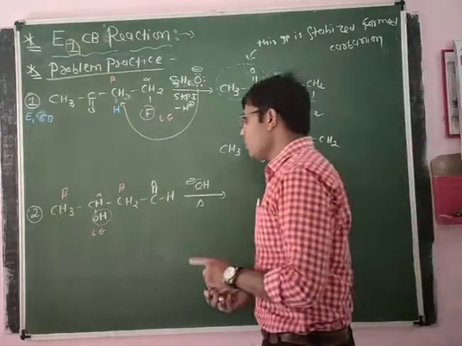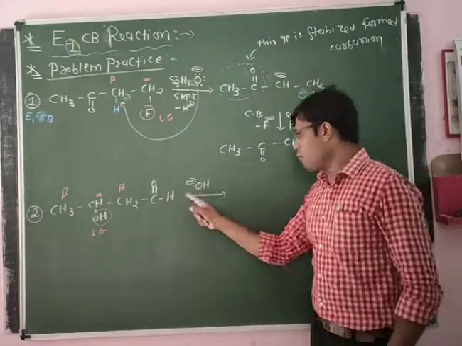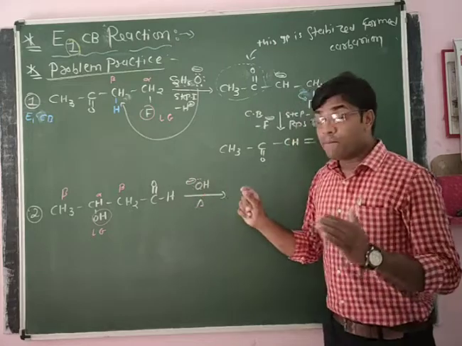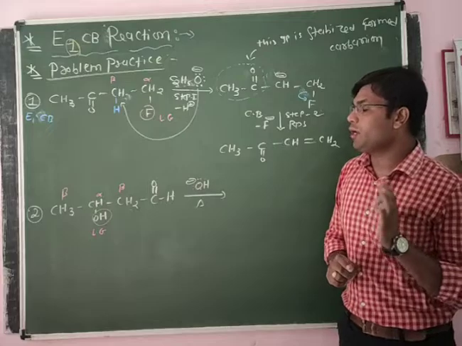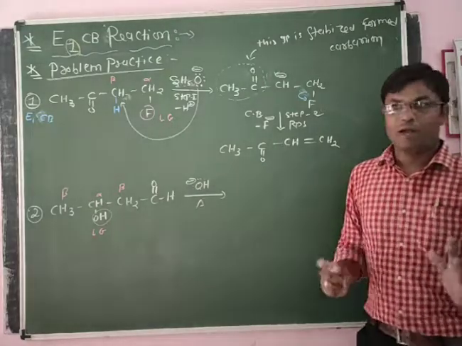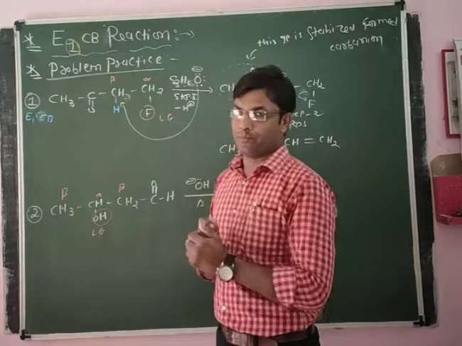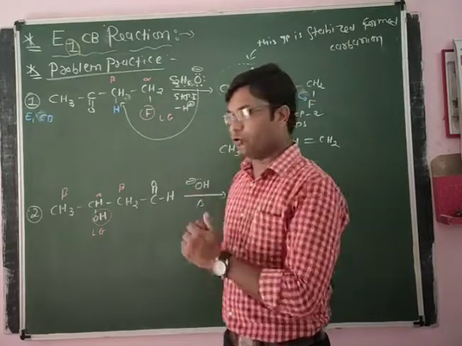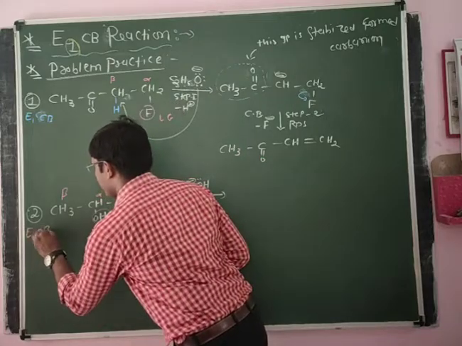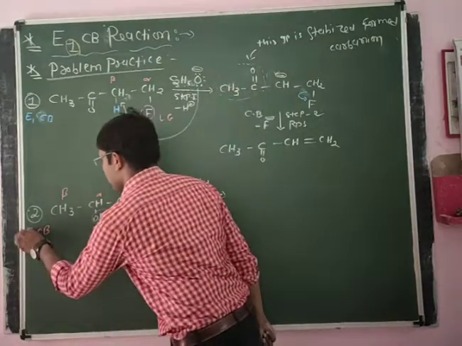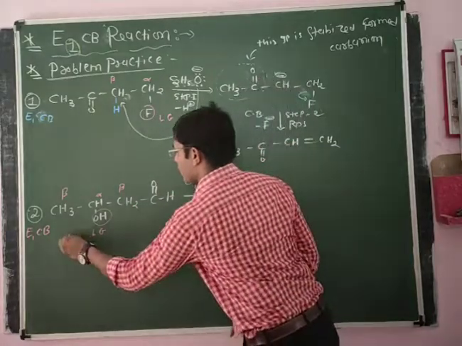Along with hydroxide, both are here. So first we have to decide which one: E1, E2 or E1CB. Here OH is our leaving group, and it is a poor leaving group. So we can say this reaction also occurs via the E1CB mechanism, due to the presence of this poor leaving group.